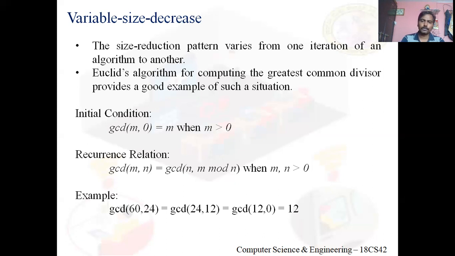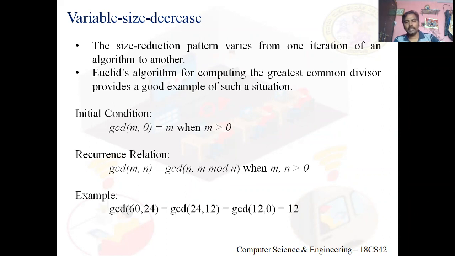So in the third invocation, 12 becomes the first argument. Next, in the second invocation, m is 24 and n is 12. The remainder after dividing 24 by 12 is 0. Now one of the two arguments is 0.